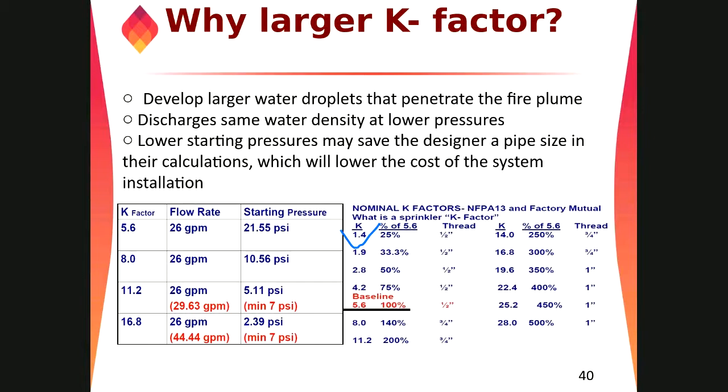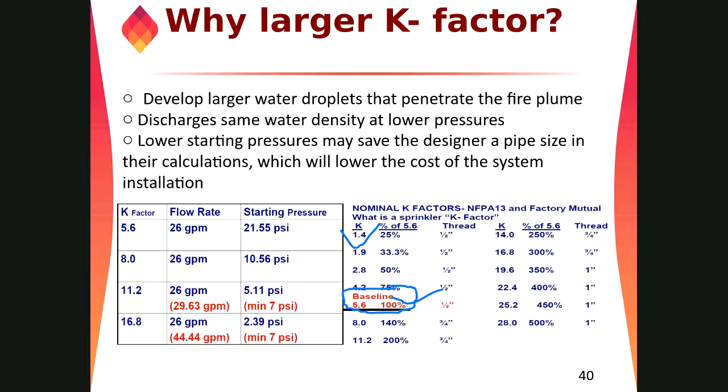But 5.6 is the baseline, because 5.6 is the most common K factor we are using in most of the residential, office, and all kinds of light hazard occupancies. So we have given the flow here as 100%. So let's say at 5.6 we are getting a flow of 100%, right?